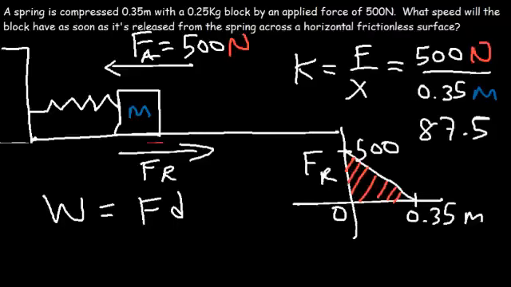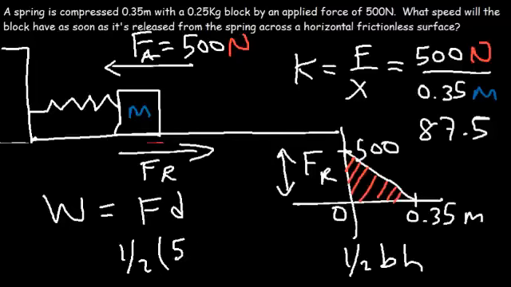So how can we find the area of that triangle? Well, area is basically 1/2 base times height, or 1/2 times the height, which is 500, that's basically the restoring force, times the base, which is the displacement of 0.35.